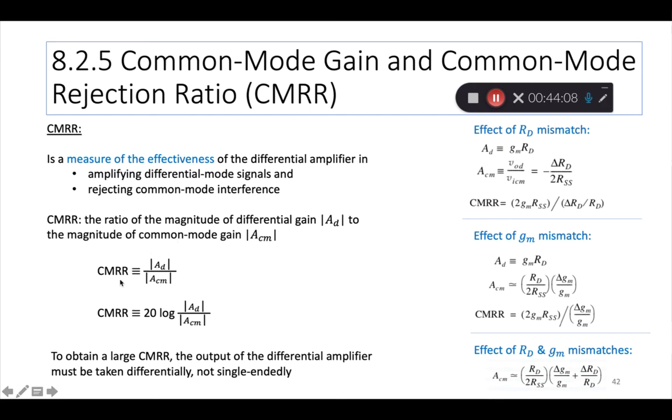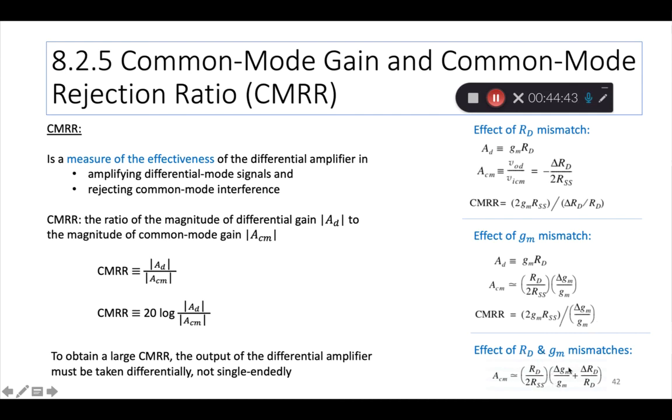That tells you how good the amplifier is in doing its job, which is to amplify differential signals but reject common mode signals. And we know that common mode gain comes into the story because of the effect of RD mismatch and the effect of GM mismatch. So CMRR can be written in terms of the RD mismatch by this formula, or GM mismatch in this formula.